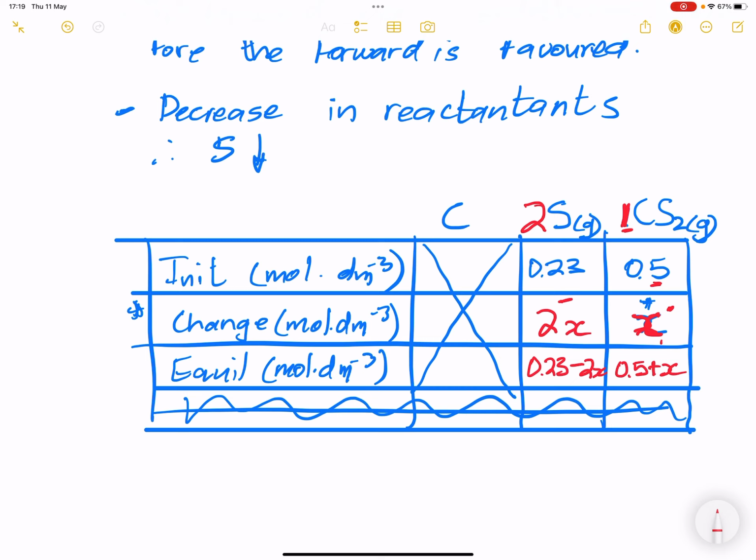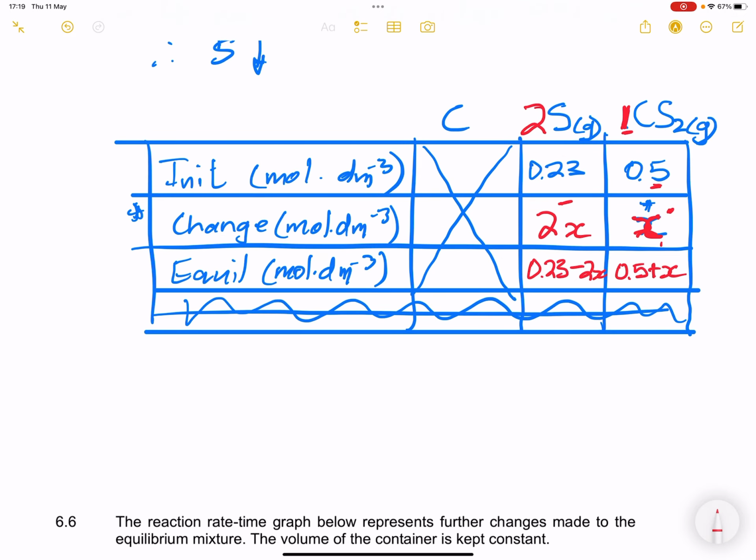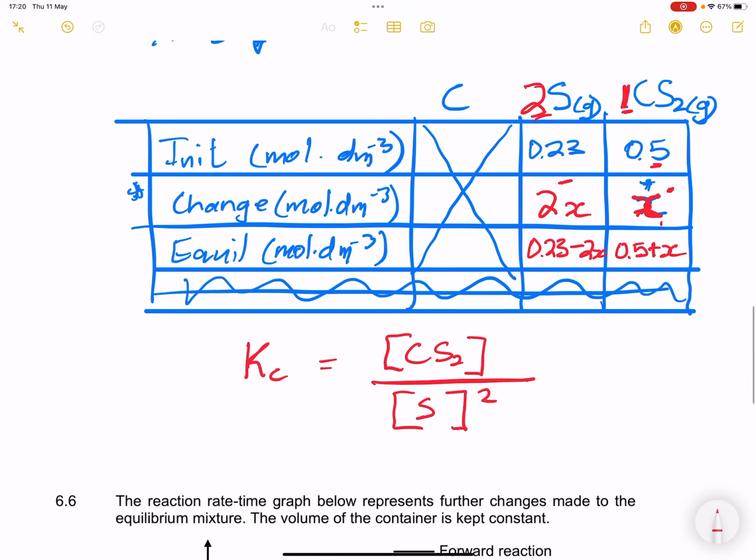So now, ladies and gents, what we're going to have is the Kc expression. So Kc is the molar concentration of the products. Remember, our product is carbon disulfide, not squared, because we have a coefficient of 1, divided by the molar concentration of our reactants, that's sulfur, and in this case we square it because the coefficient is 2 there.